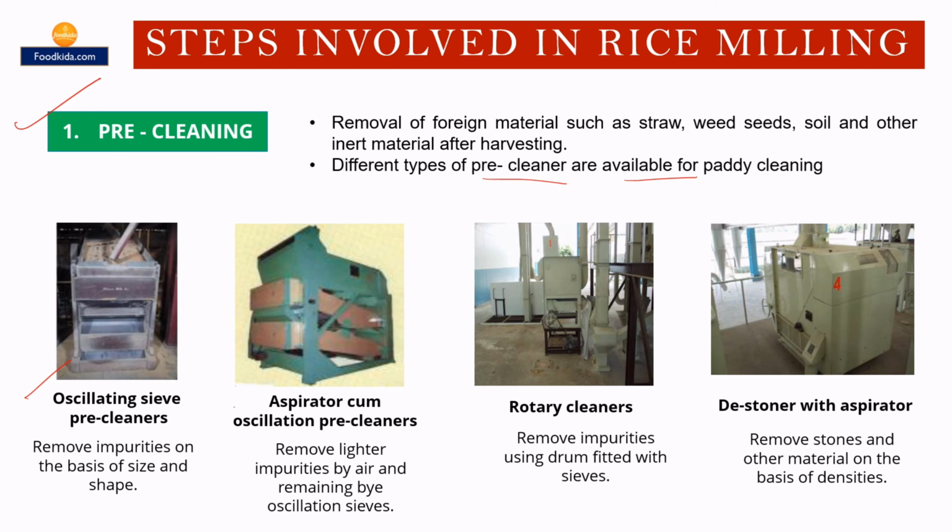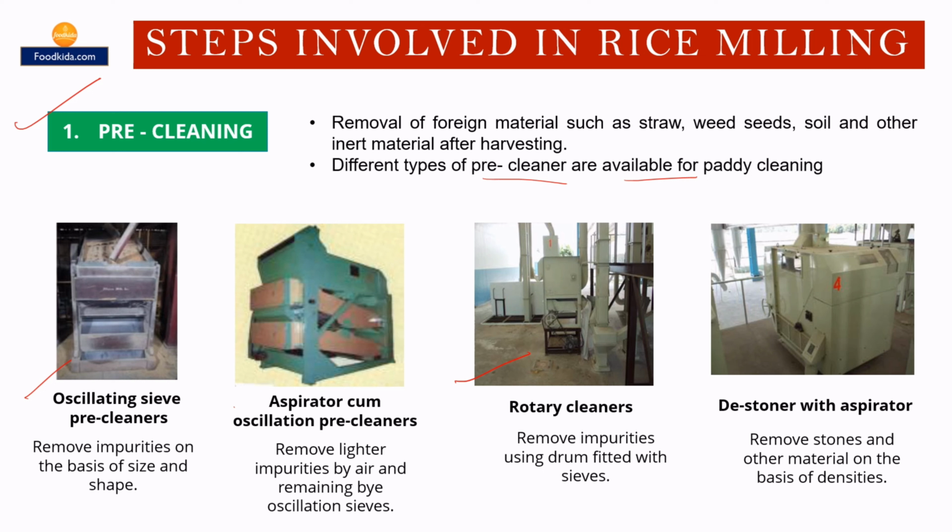The aspirator grain cleaner removes lighter impurities such as dust, dirt, chaff, and straw by blowing or sucking an air stream, and the impurities that are not removed by the air are later removed by using oscillating sieves. Also, some of these pre-cleaners contain magnets in order to remove iron particles. Now the third one is the rotary cleaner.